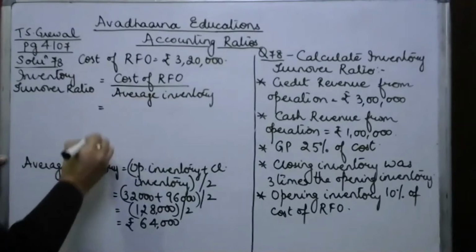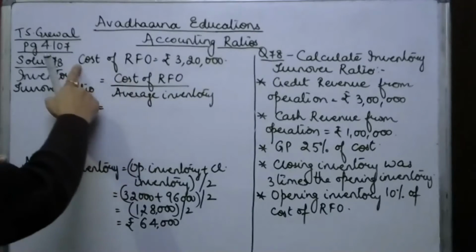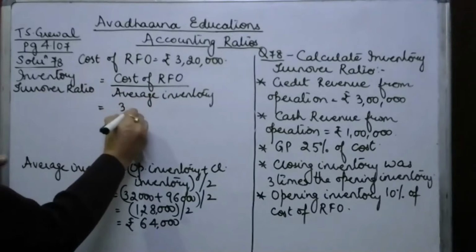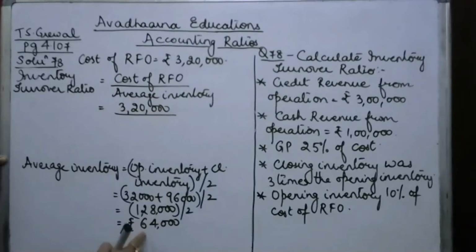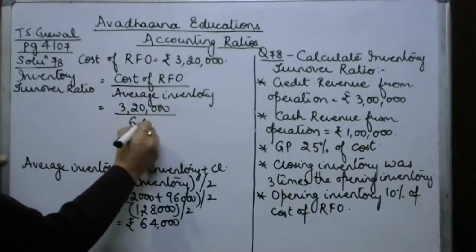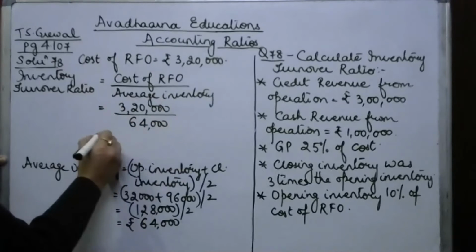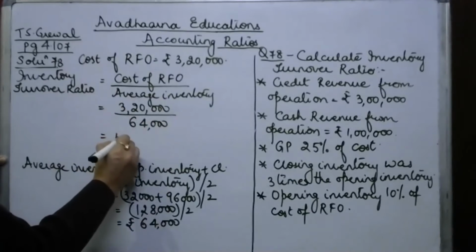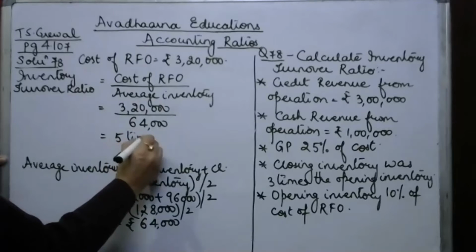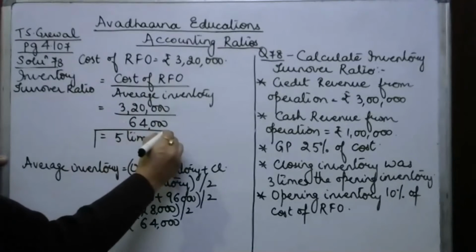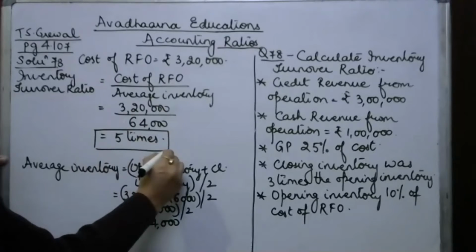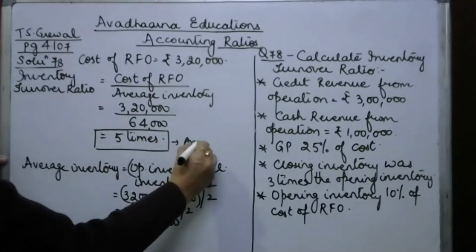Let's substitute the values. The cost of revenue from operation is 3,20,000 divided by the average inventory 64,000, and the answer is inventory turnover ratio is 5 times.